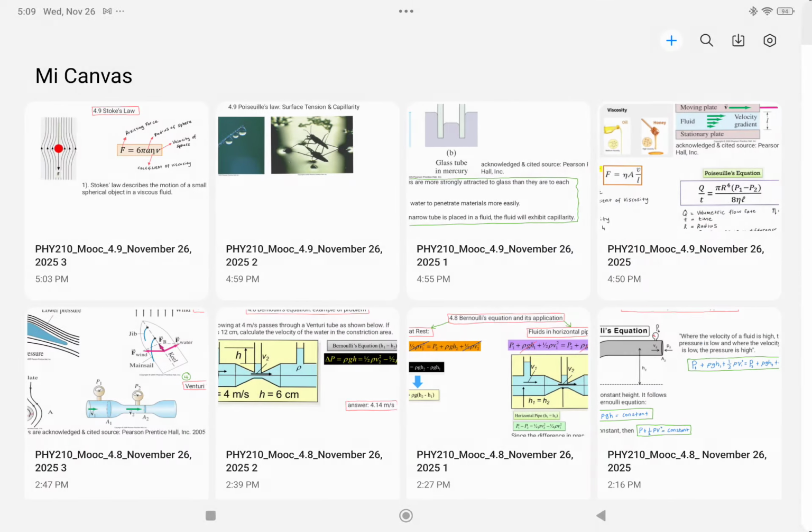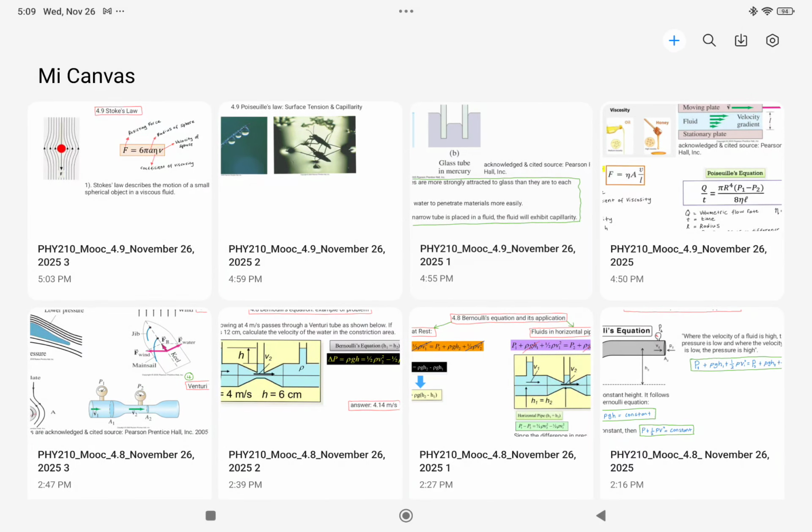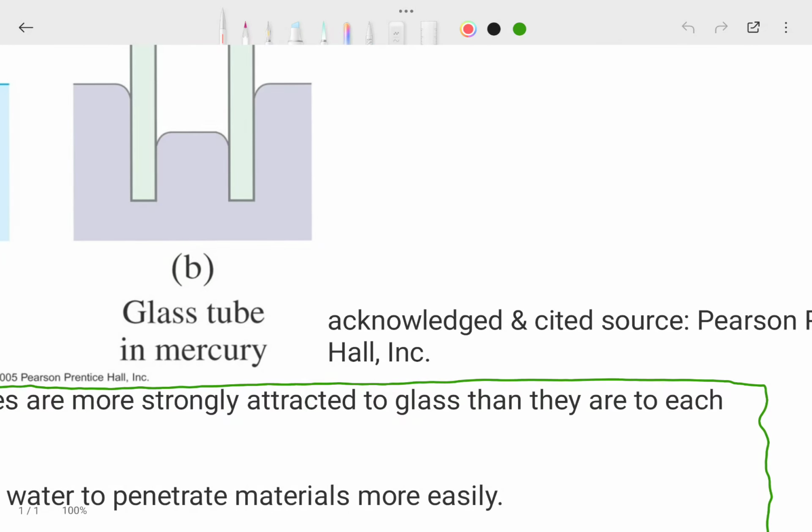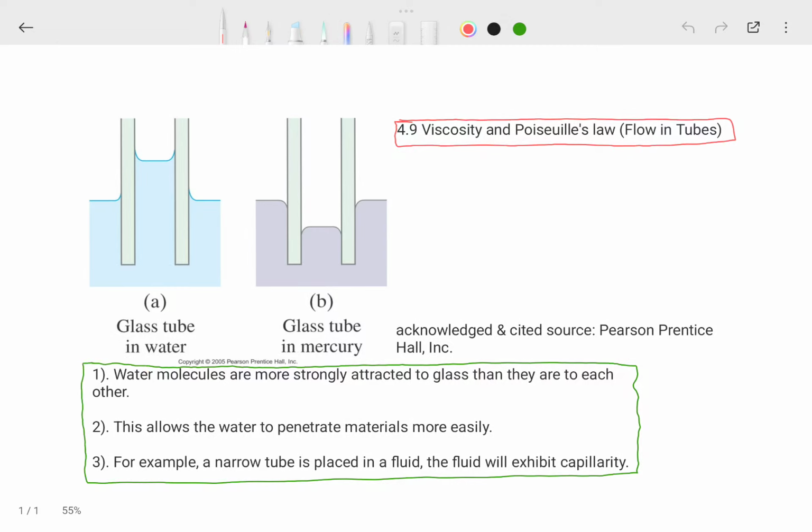Okay, we go to the next one. Poiseuille's law, flow in tube. Let's look at this diagram, diagram A and B. A represents a glass tube in water, while B represents a glass tube in mercury.